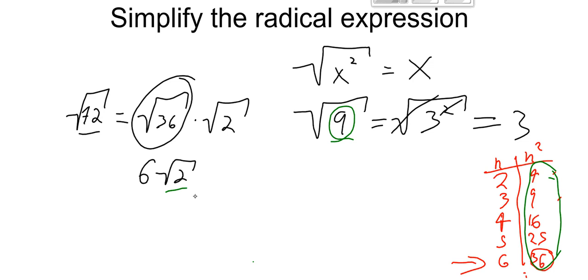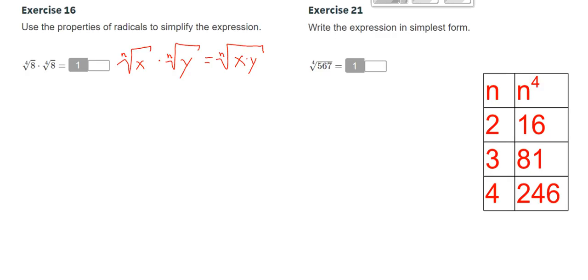Notice that the index of this square root is a 2. If it's not written, we assume it's there. As we extend this to simplifying radicals with an nth root, let's utilize that principle.